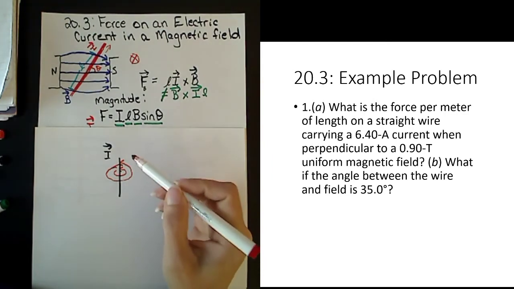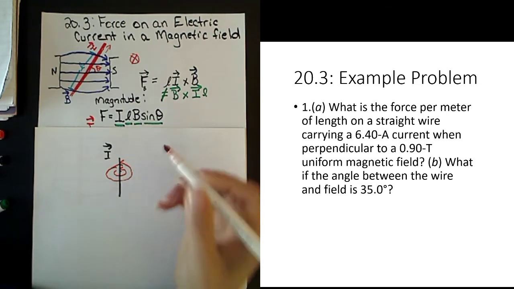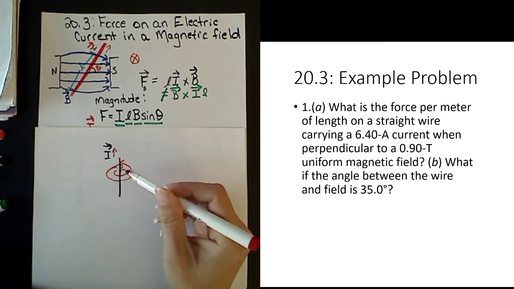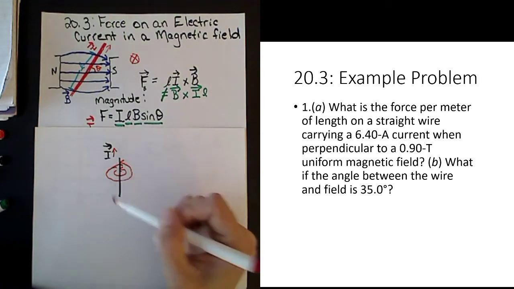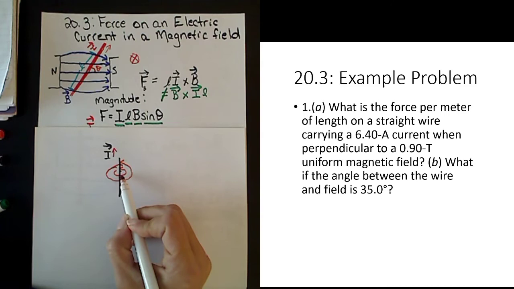And if you recall from the last section, we learned that a current carrying wire produces its own magnetic field in concentric circles around the wire. Now, this magnetic field produced by the current carrying wire is not constant.